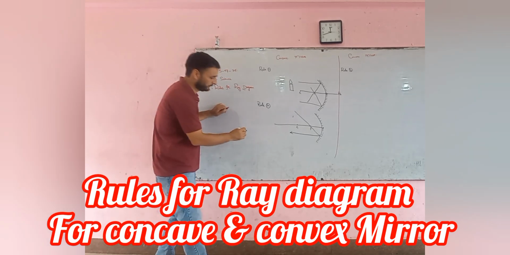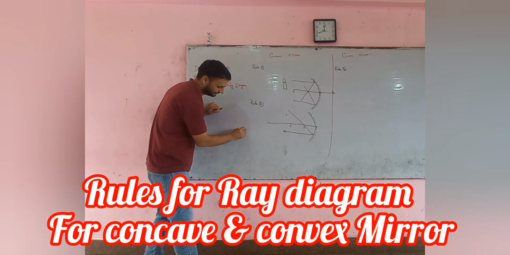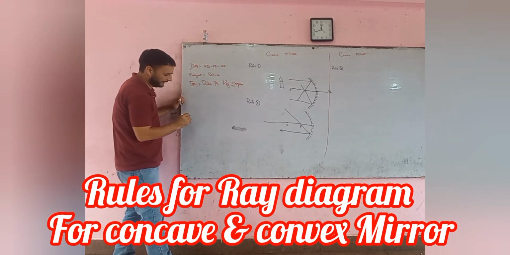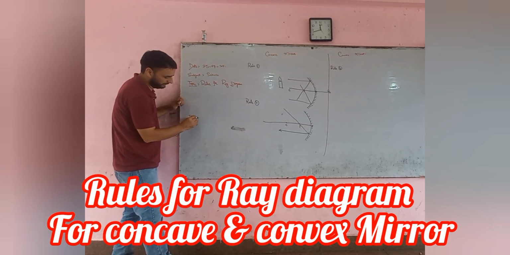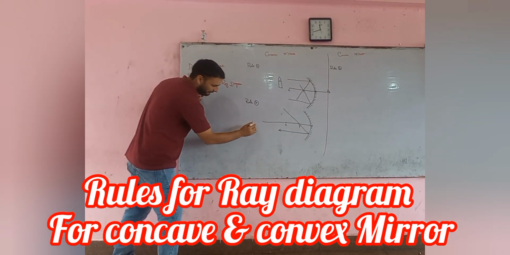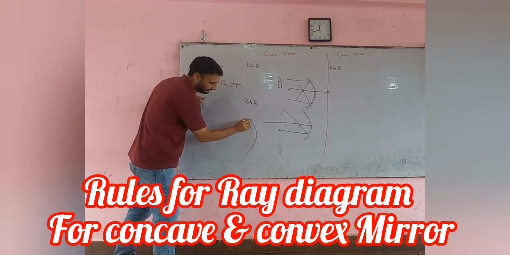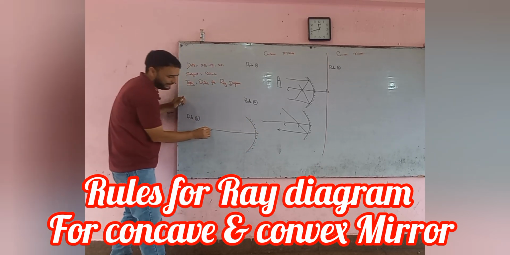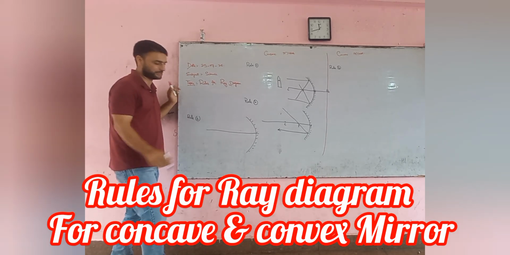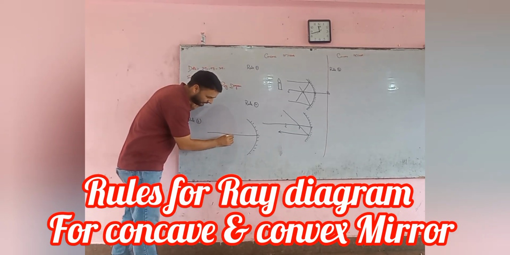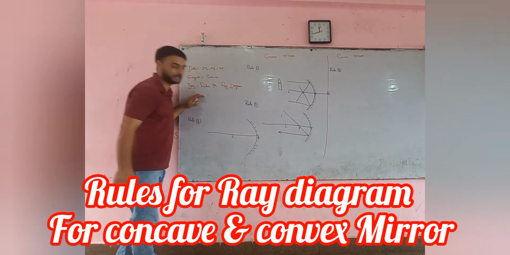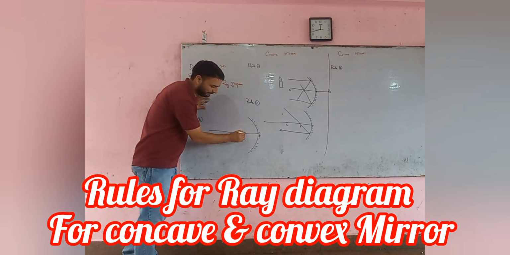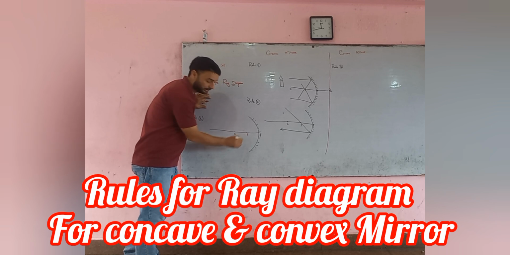And rule number three is, I will draw here. This is a concave mirror. This imaginary line which passes through the center of curvature and the pole of the mirror is the principal axis. Between the center of curvature and the pole of the mirror is the principal focus.